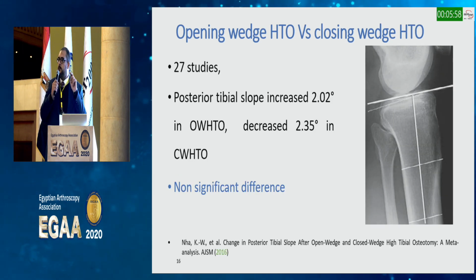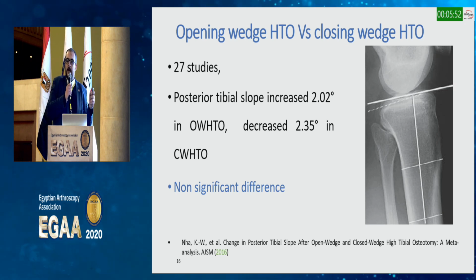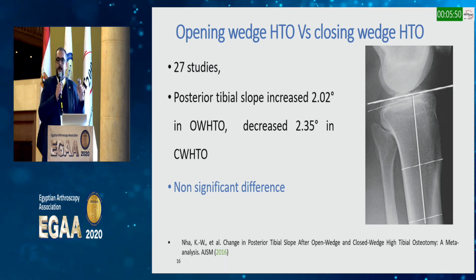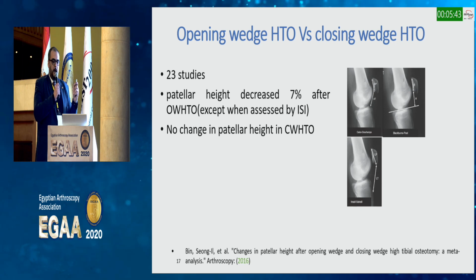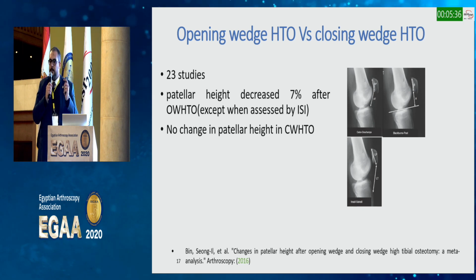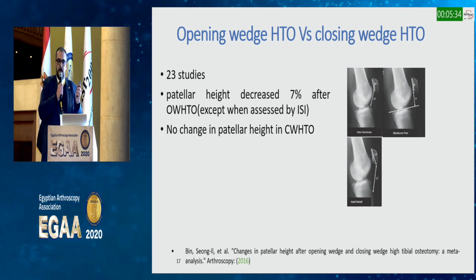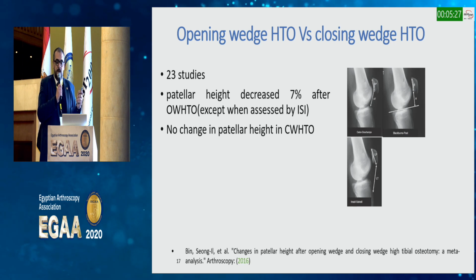But focusing more on both points, we found that the impact of high tibial osteotomy on posterior tibial slope is a variation of only 2 millimeters, which is not clinically significant. As regards patella baja, we found this meta-analysis from 2015, speaking about a patellar height decrease of only 7%, especially when using the Salvati index, and no change in patellar height with closing wedge.